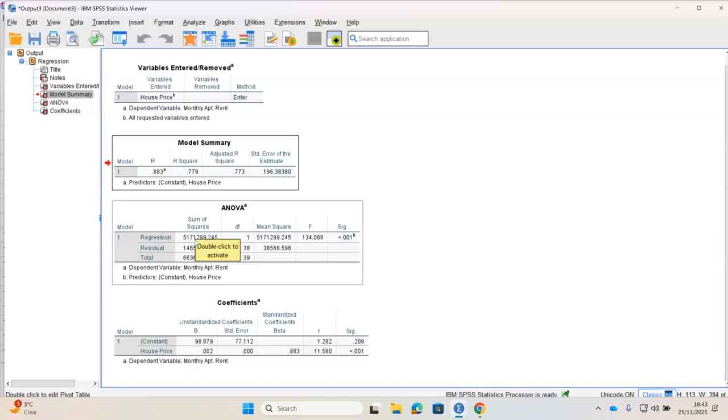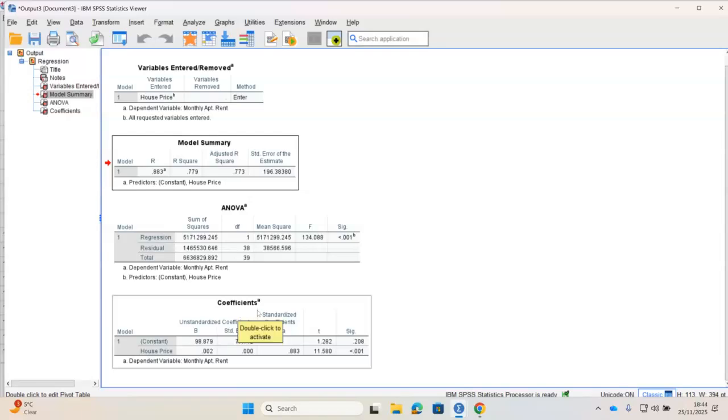Okay, then write down the next thing, how to find the equation of the line. For that, we will look at the coefficients table.